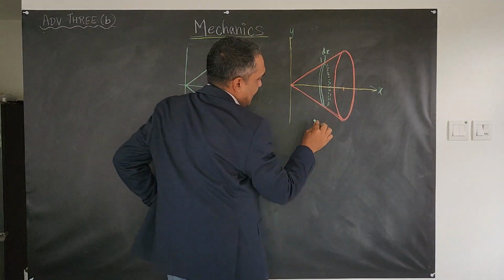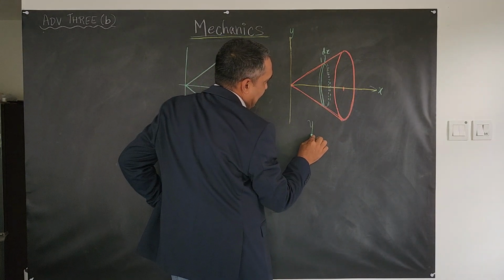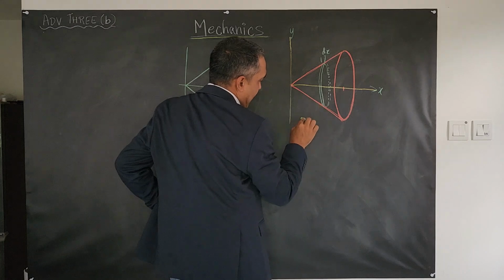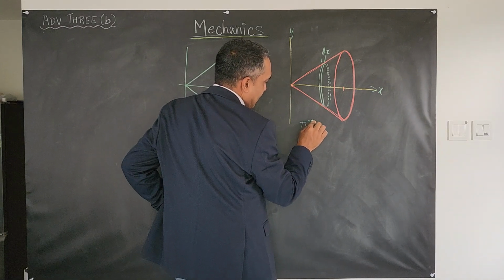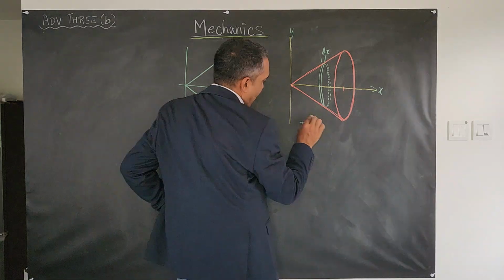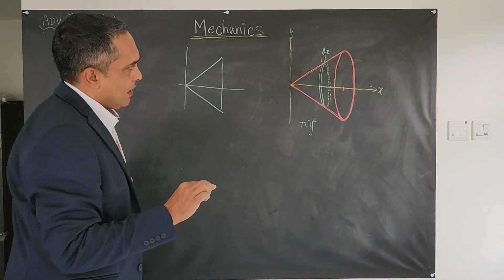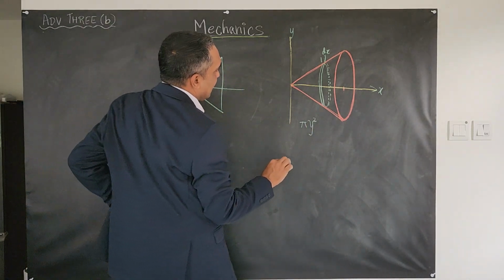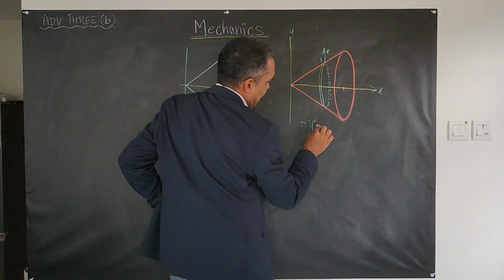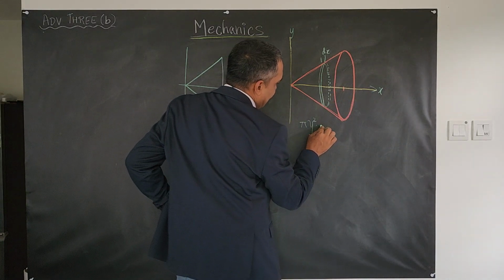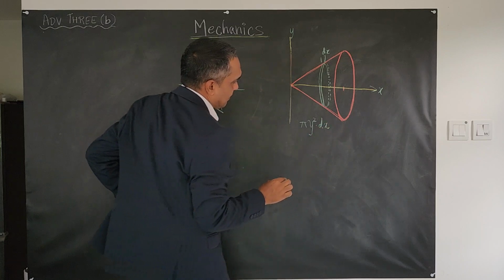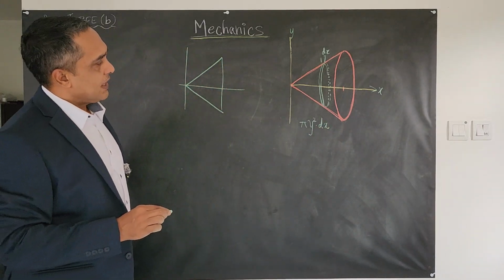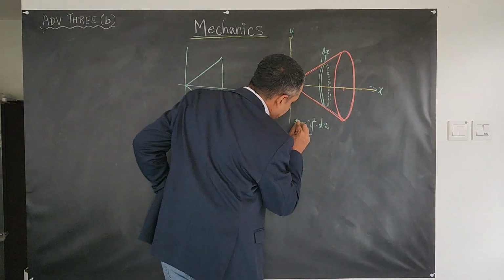The area of that circle can be written as whatever is the y. The area of that circle is pi times y squared, which means the volume, if you will, is pi times y squared dx, and the mass would be times its density.